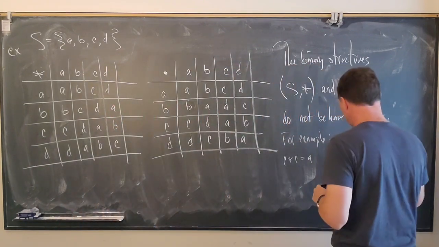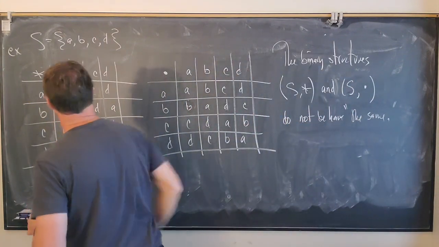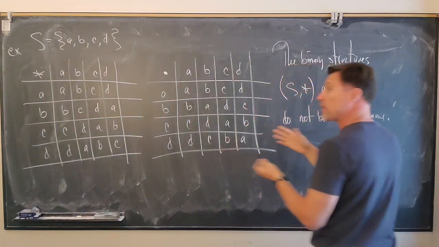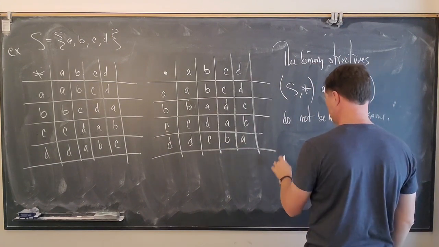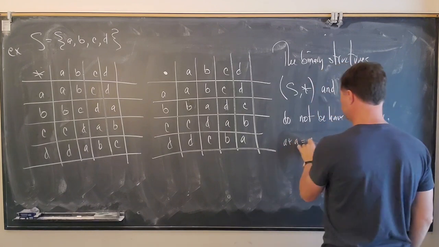What I actually want to do is write what happens to each of the elements when you apply the operation to itself. So let's notice that A star A equals A.